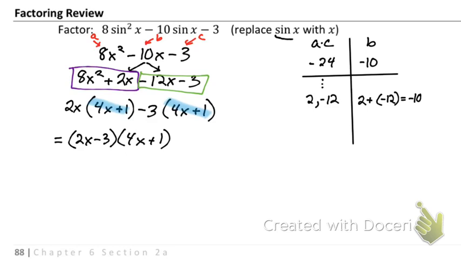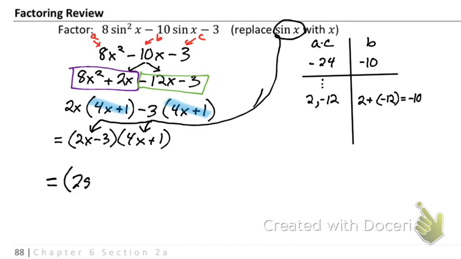Now, since we replaced sine x with x, we're just going to take that sine x and plug it in place of those two x's, which will give me 2 sine x minus 3 times 4 sine x plus 1.